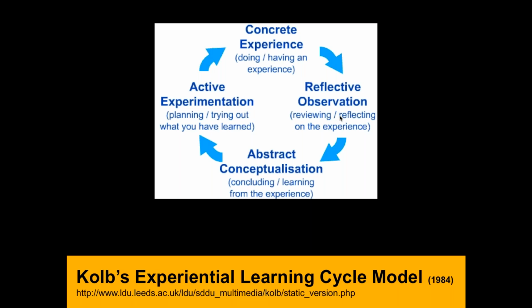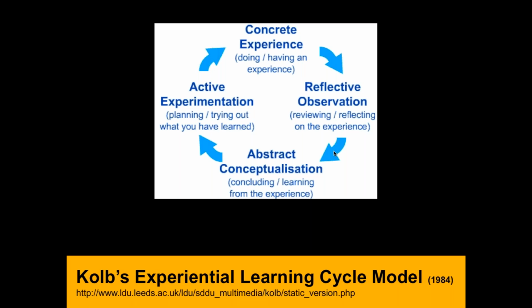So it's important to review and think about the experience, what was good about the experience, and what was not so good, what could have been done better. Every time an experiment is done and some experience is gained, it's important to reflect over the observations that were obtained. And then you go back into the cycle with the next abstract conceptualization and do the same thing: do some hands-on experimentation, gain concrete experience, and then reflect upon it.